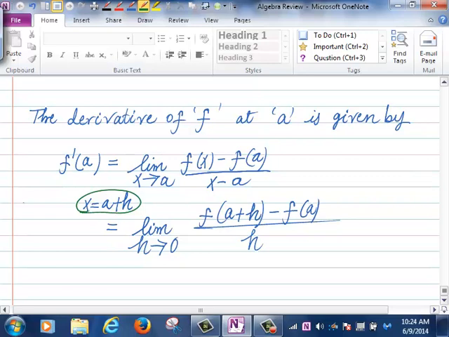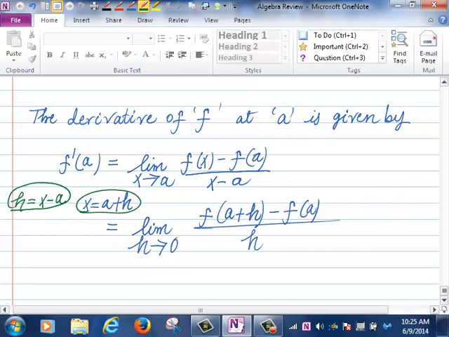So in the denominator I get h, and if x goes to a, then h goes to 0. So these two limits are equivalent and equal. The derivative of f at a is given by one of these limits.